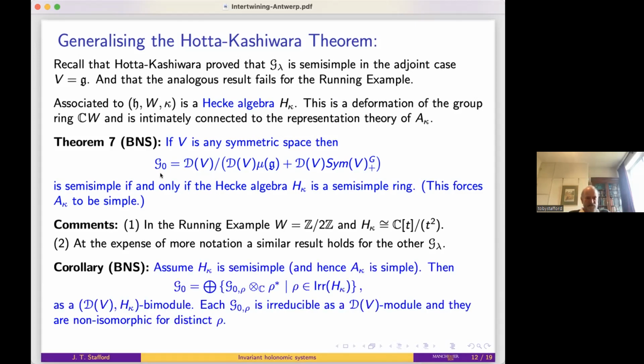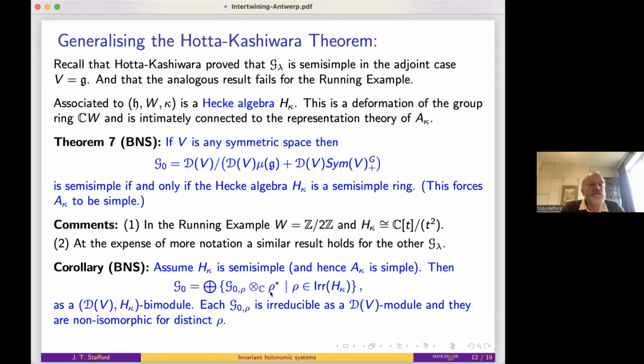So then, as I said before, when I was talking about the Hotta-Kashiwara theorem, you can specify what the irreducible representations are. And so we have an analogous theorem here. Let's suppose we're in the situation where H kappa is semi-simple, so A kappa is simple. Then G0 breaks up into a direct sum of simple modules, G0 rho, indexed by irreducible representations of the Hecke algebra.